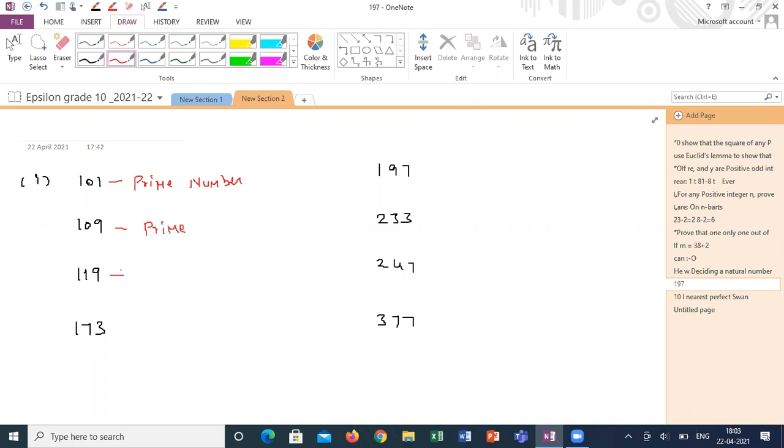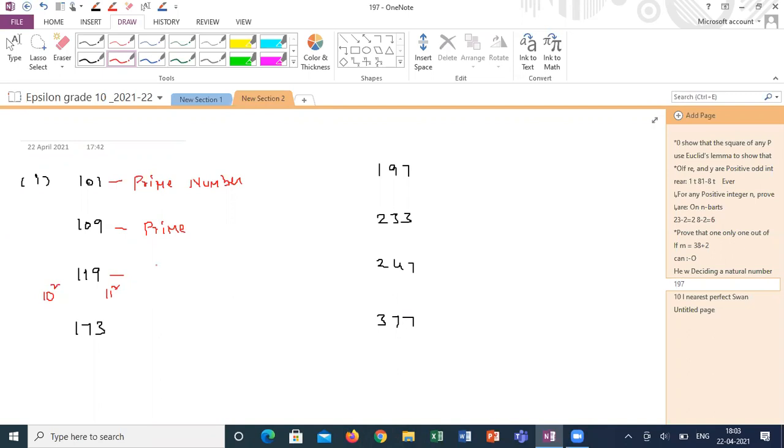What about 119? Same 4 numbers, because it comes between 10 squared and 11 squared. Check. It won't be divisible by 2. 9 plus 1 is 10, 10 plus 1 is 11, so it won't be divisible by 3 because the sum is 11.